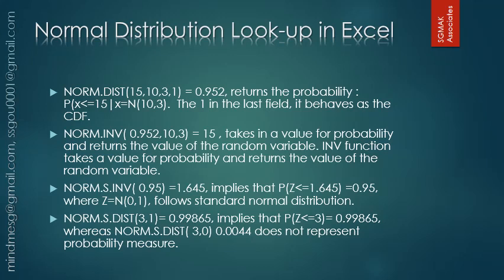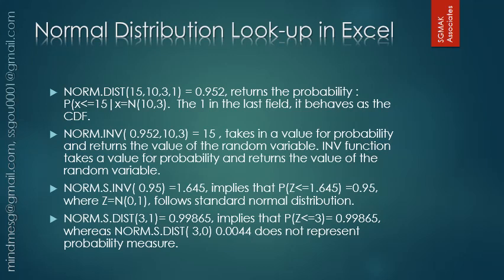If you put 1, then the function behaves like a cumulative distribution function. It returns the value 0.952, and the meaning of it is: for a random variable that follows a normal distribution with mean 10 and standard deviation 3, the probability that it takes a value less than or equal to 15 is 0.952.